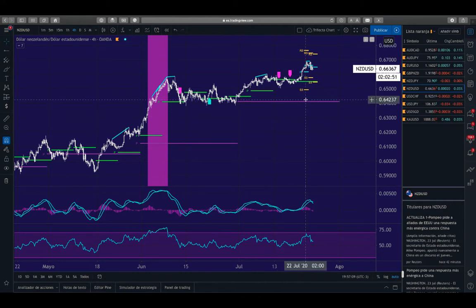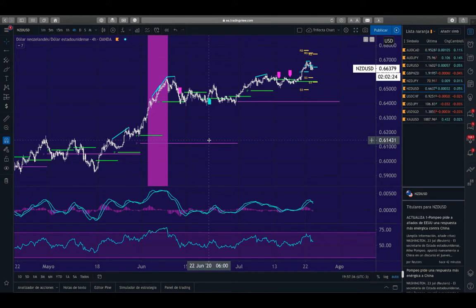But in any case, what could happen is that all of these setups get a confirmation at the same moment when something happens that gives the US dollar a little bit of strength, and we are going to be in front of really nice targets, really nice trades, because everything is setting up in the same way.